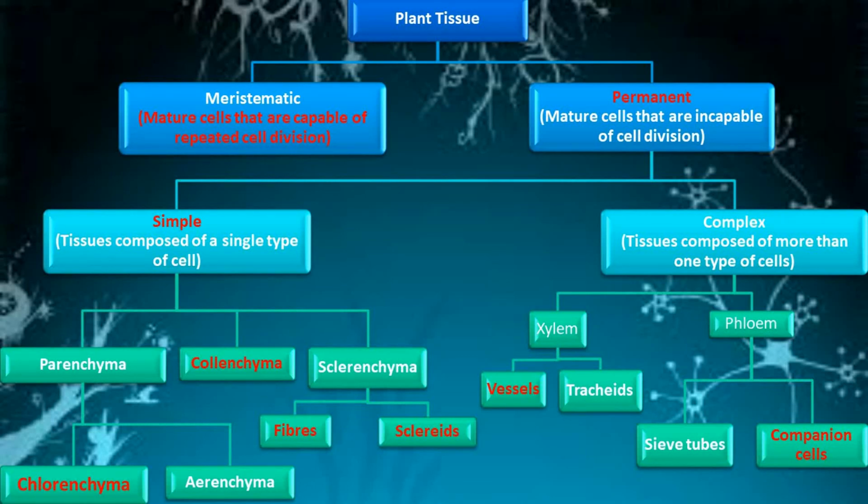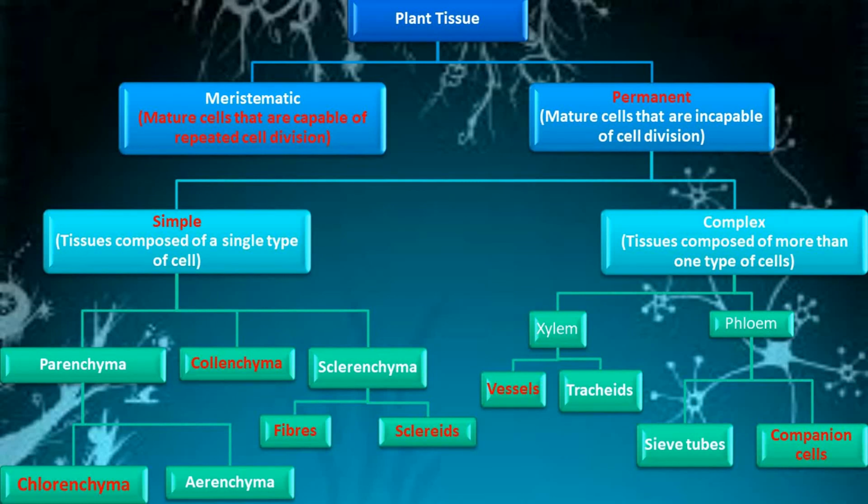Permanent tissue are further divided into simple and complex. Simple tissue. Tissues composed of a single type of cell. Complex. Tissues composed of more than one type of cell. Simple: parenchyma, collenchyma, sclerenchyma. Complex: xylem, phloem.